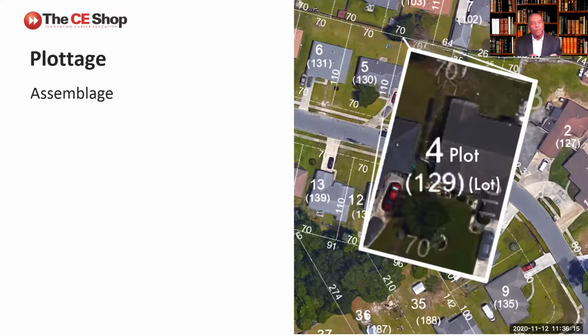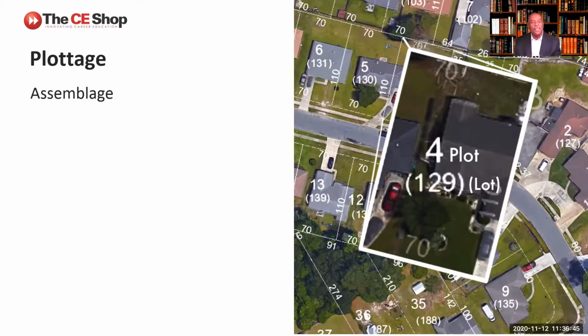So I can go from two separate values of 20,000 to a value of maybe 80,000 if I joined those two lots. So it's not always 1 and 1 equals 2, it could be 1 and 1 equals 4 or 5, depending on the size of the lots.